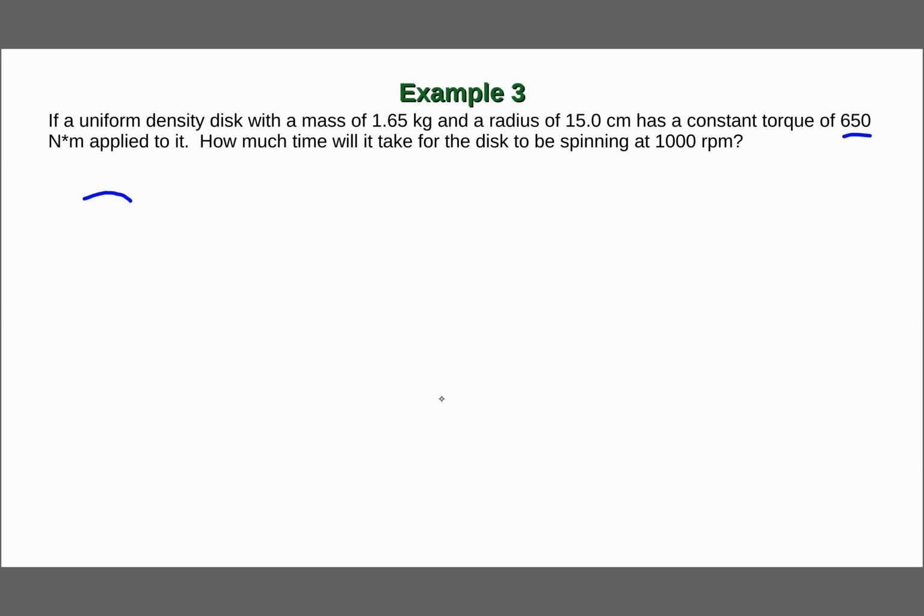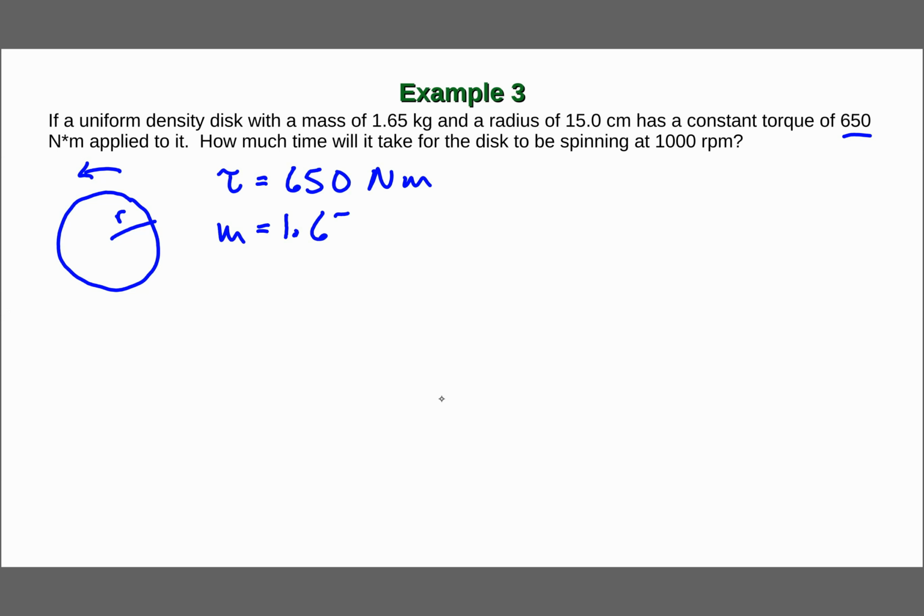So we have our wheel here, radius r. It's spinning like this. We have that torque equals 650 Newton meters. We have a mass equal to 1.65 kilograms.